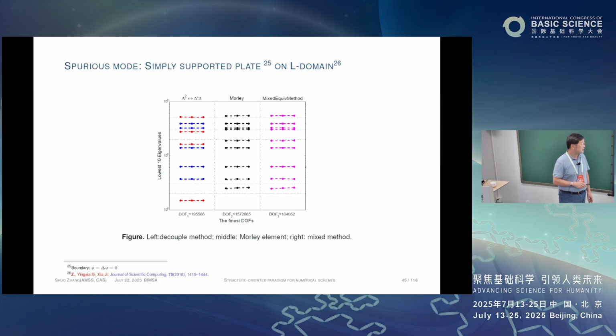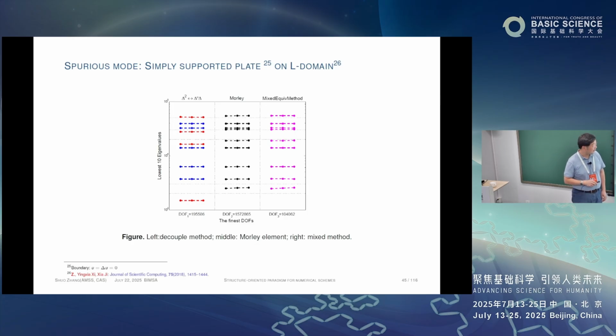And we use this classical mixed formulation to also compute the 10 smallest eigenvalues. We use this blue line to denote that this eigenvalue can find its correspondence in Morley's calculation. And the red ones cannot find their correspondence in Morley's results.